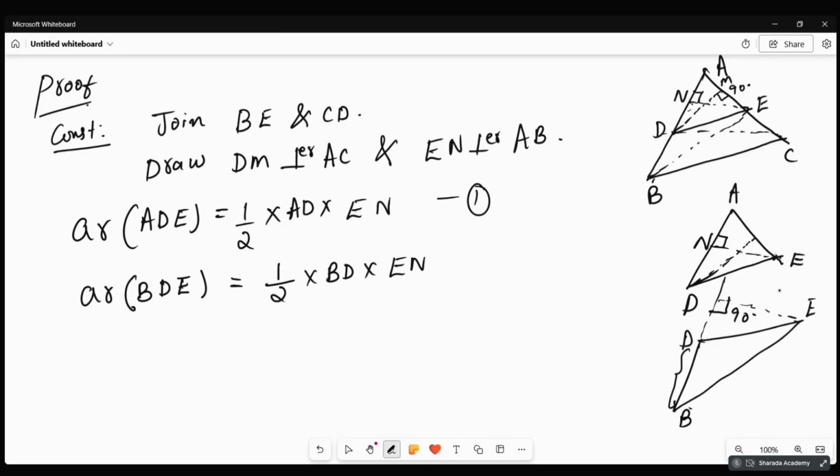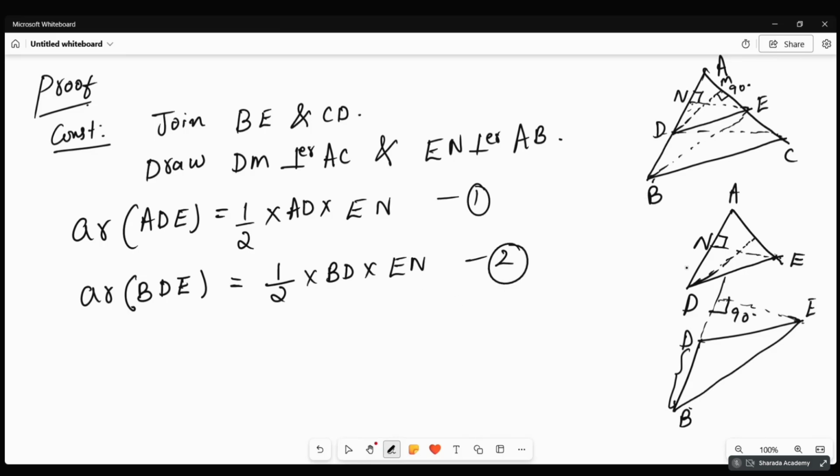Everyone, see here: BD is the base. For the base, you have to draw a perpendicular from the other point, so EN is a perpendicular. Even though it is outside, that is the perpendicular distance we are considering. So the area of BDE is half into BD into EN.